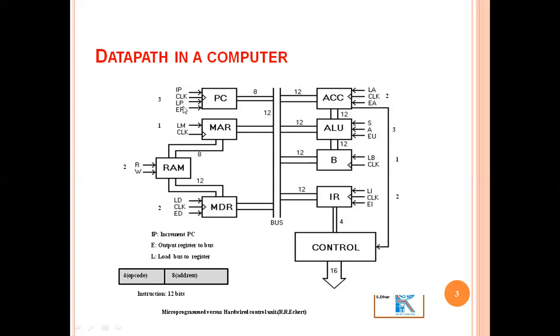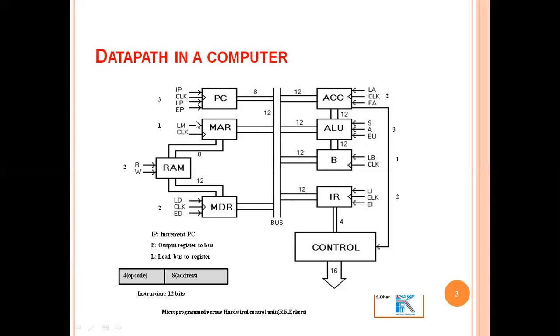Okay. Similarly, suppose the program has to transfer the data from PC to MAR. Which signal should be activated? PC data will go to the bus, and from the bus it will go to the MAR. So PC to bus means EP should be activated, and bus to MAR means LM should be activated.